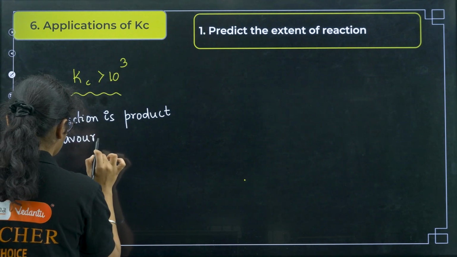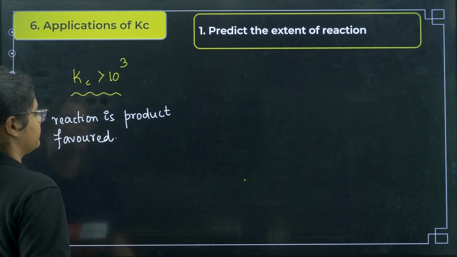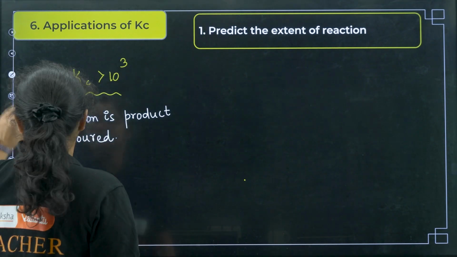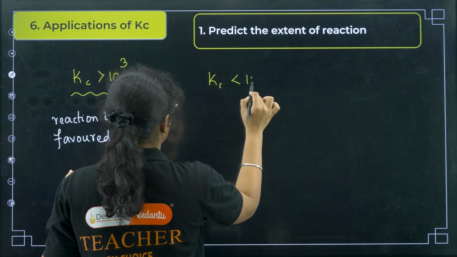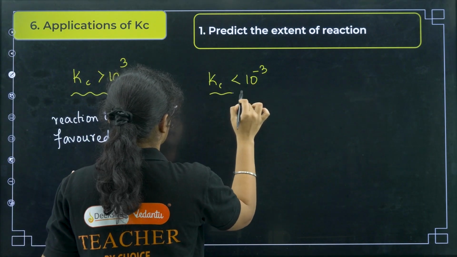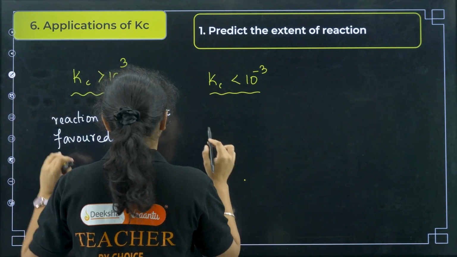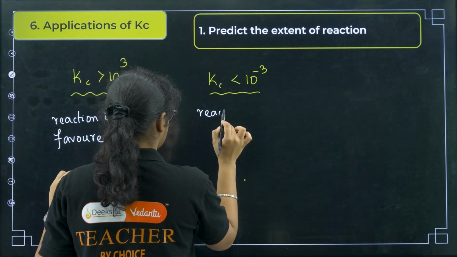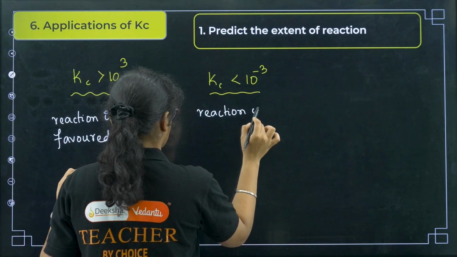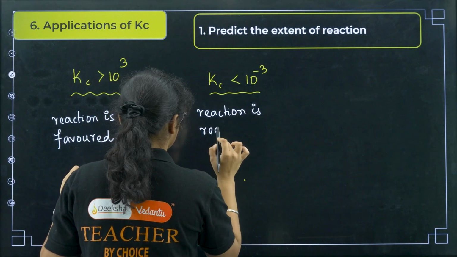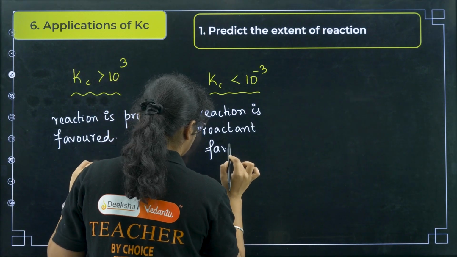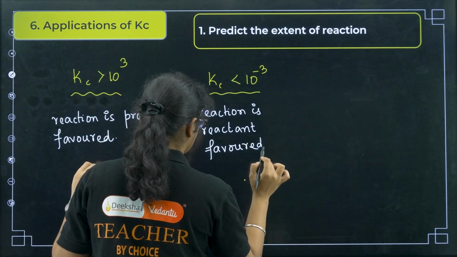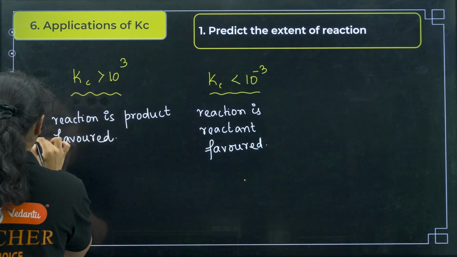Clear? Next one, if your Kc value is less than 10 to the power of minus 3, that means the reaction is reactant favored.